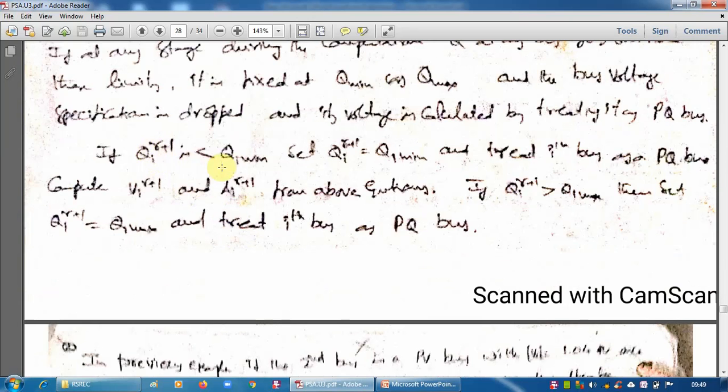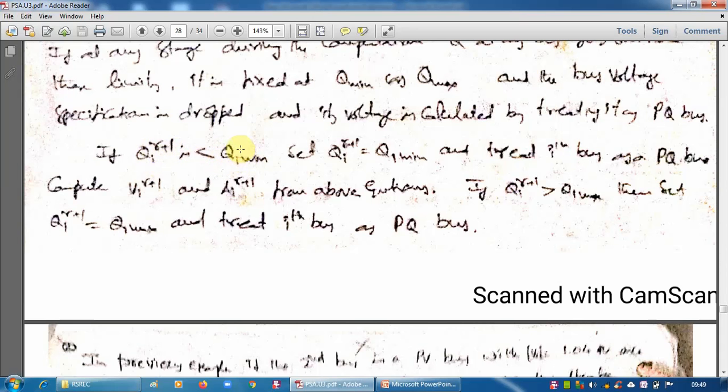If this calculated value is less than Qi min, the minimum limit of Q, what does it mean? The limit is violated.